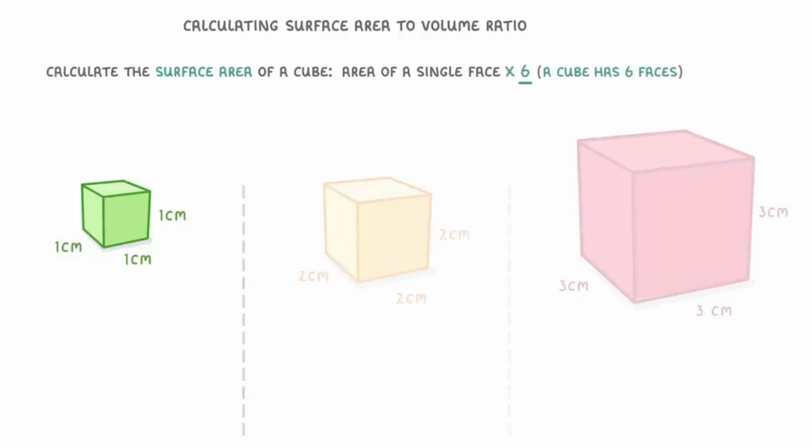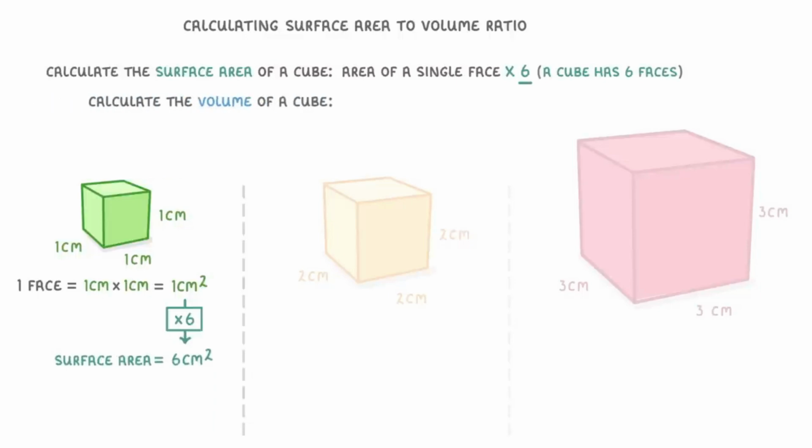So for this small 1 by 1 by 1 cube, we get the area of one face by doing 1 centimeter times 1 centimeter, which is just 1 square centimeter. And then we multiply it by 6 to get a total surface area of 6 square centimeters.